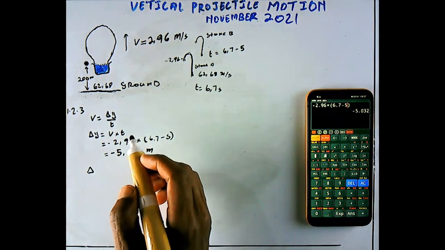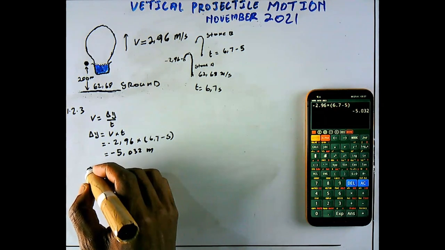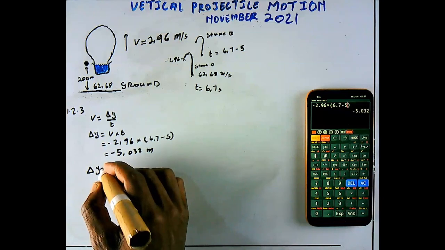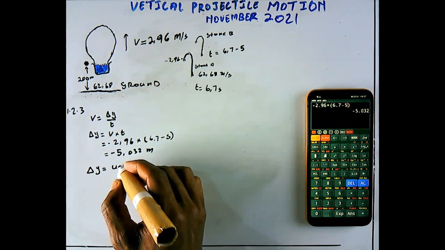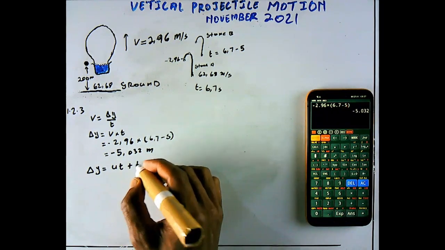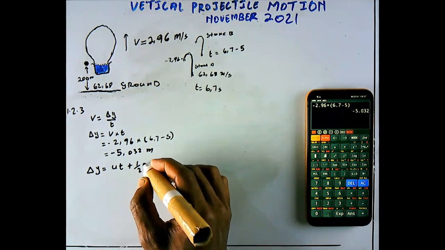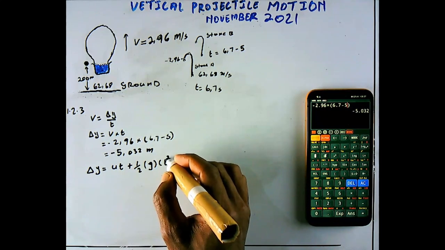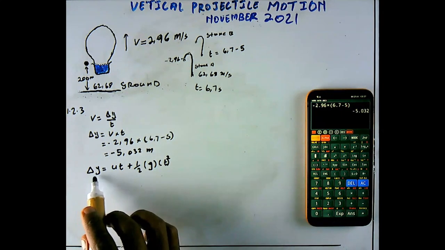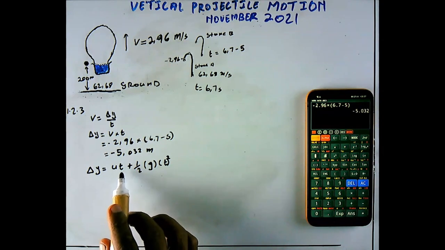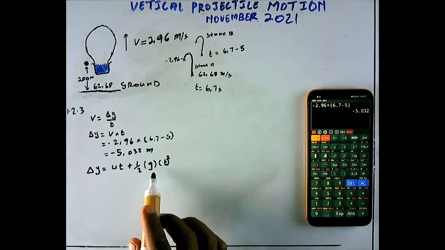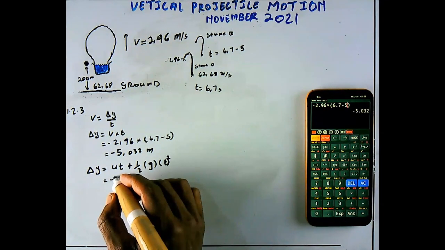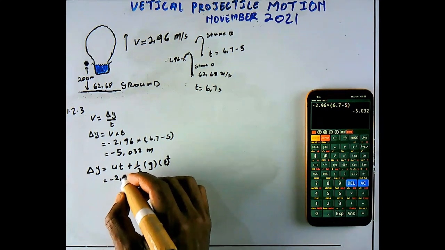Change in position is equal to initial velocity times time plus half times g times time squared. And the initial velocity we know is negative 2.96.